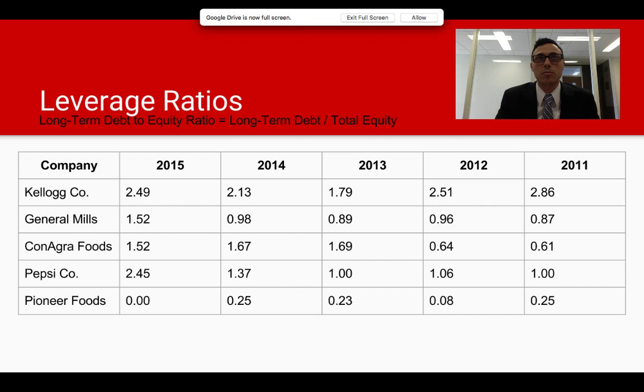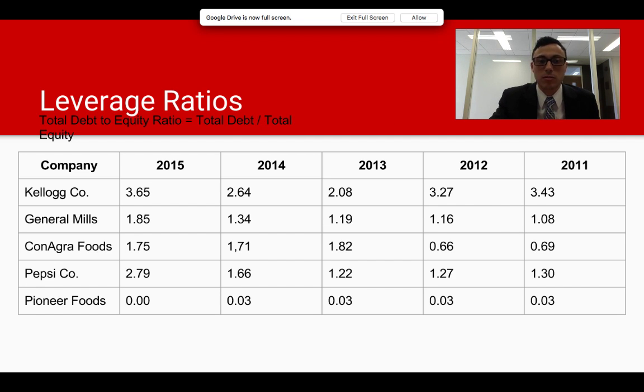And this is slightly worrisome because it means that lenders and investors are not as likely to lend, and their interest is not secure in the event of a business decline, which would likely deter creditors from lending to Kellogg because they're facing the possibility of non-repayment. And this is very similar when looking at total debt to equity. They're also, as you can tell, much higher than their competitors across the board from 2011 to 2015.